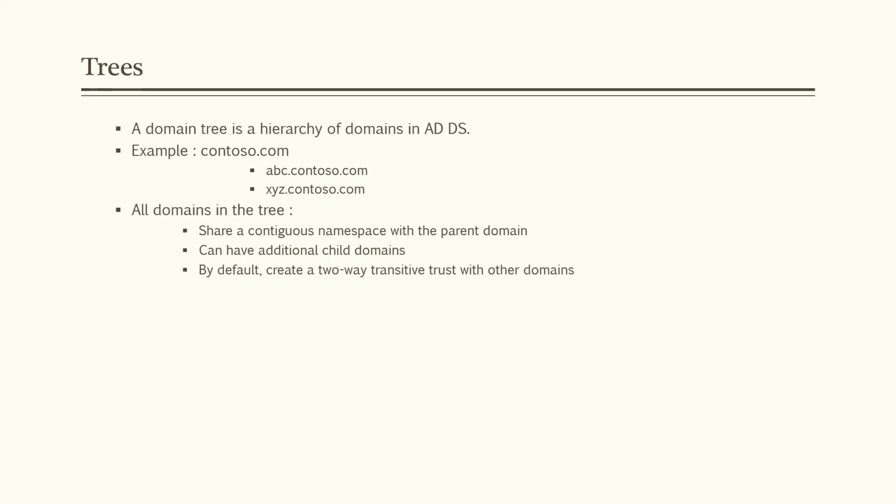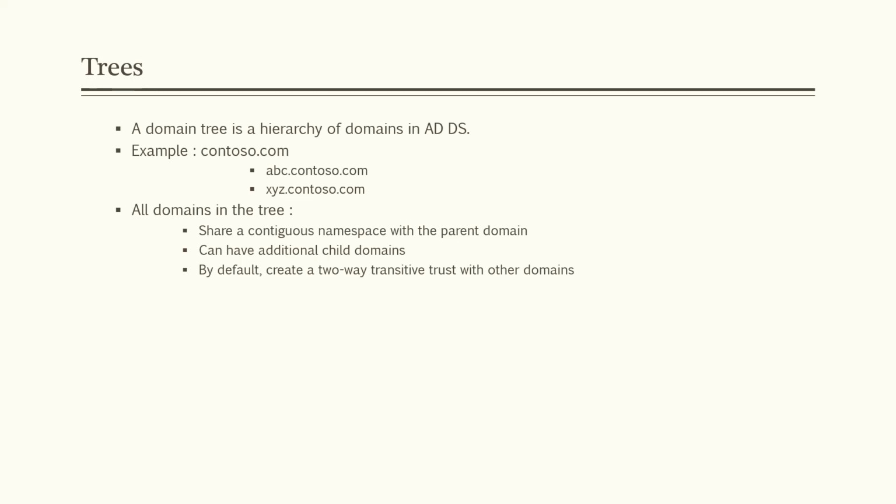A domain tree is nothing but a hierarchy of domains in ADDS. In the previous example, we saw that an example for a domain is contoso.com. Now let's say the administrator wants to create child domains such as abc.contoso.com and xyz.contoso.com. Well, this entire hierarchy of a parent-child relationship between domains is what is called a tree.